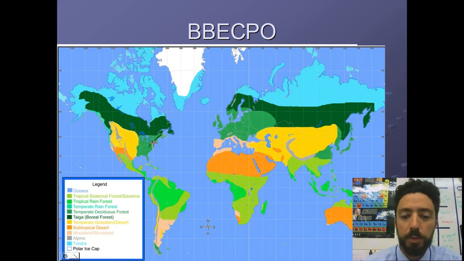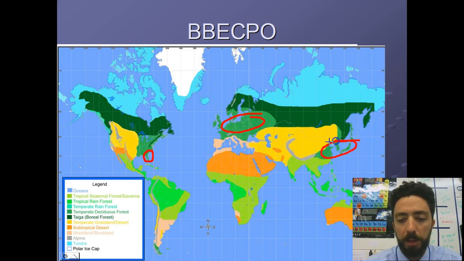Now, it's not the most specific map because there are kind of subcategories to each of the biomes. But if you look here at Florida where we're located, this light green color shows deciduous forest biome, and we see a similar biome over here in Europe and a similar biome here in Asia. And if you look at this on a globe, this biome kind of happens at similar latitudes, and it's really important that they have similar amounts of precipitation on them.